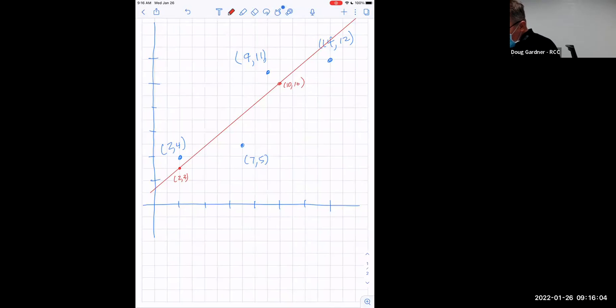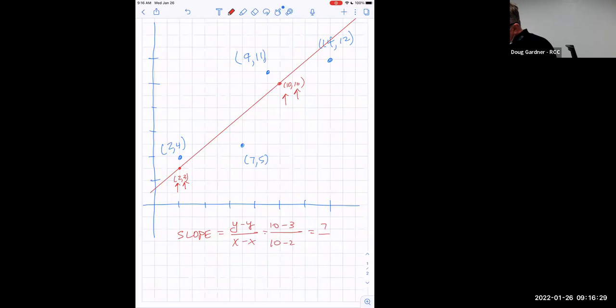So we said the slope was found by going rise over run. y minus y over x minus x, so 10 minus 3, over 10 minus 2.